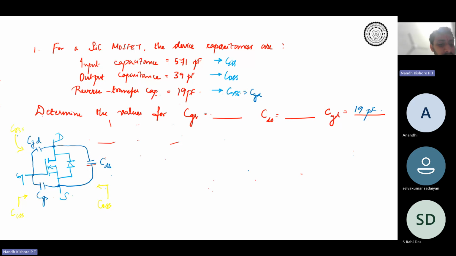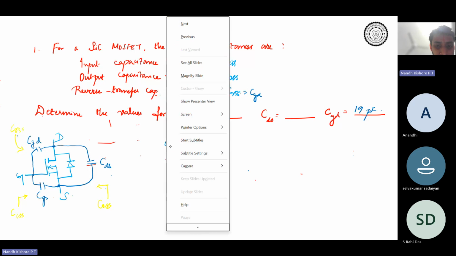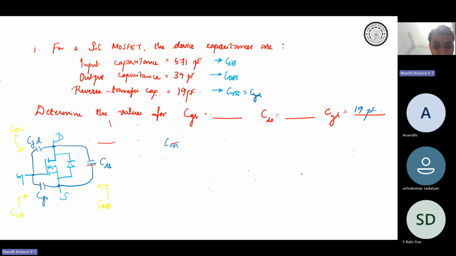Now what about CISS? CISS is the effective input capacitance with output shorted.